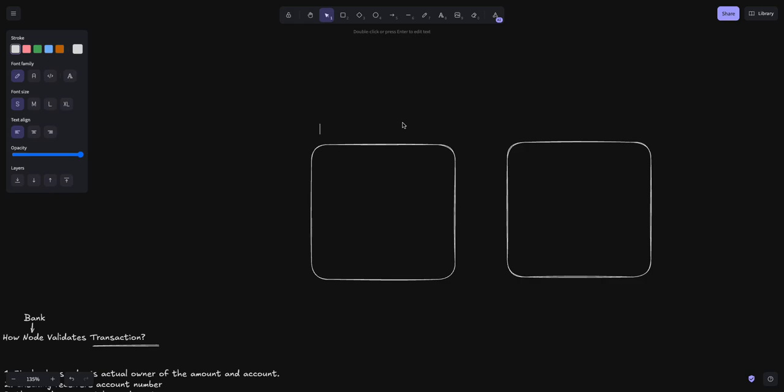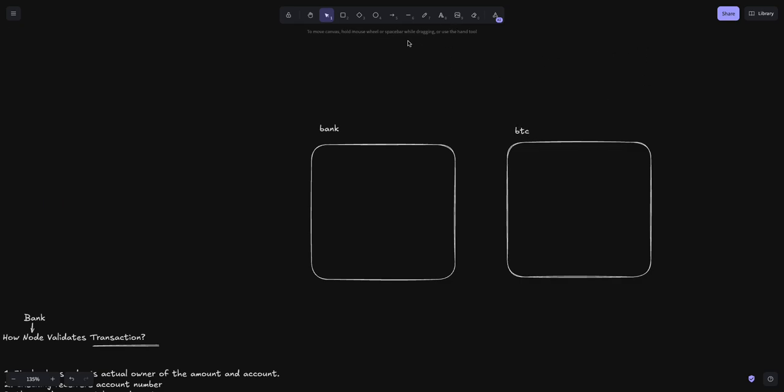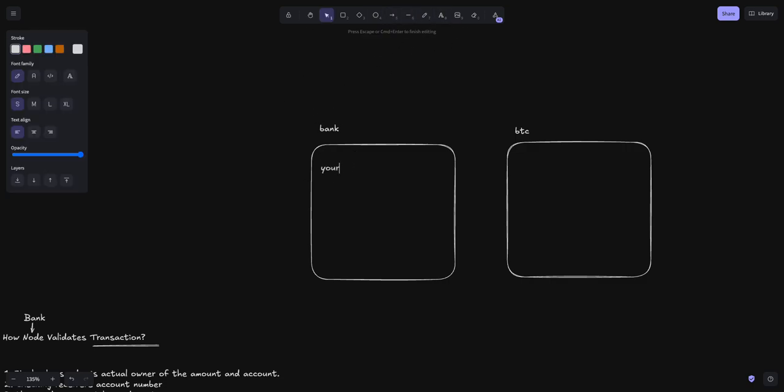Consider this in case of a bank, and this in case of Web3, or not Web3 actually, BTC, right? What happens in a bank? You have your name, you have your bank account. Other things are not necessary.